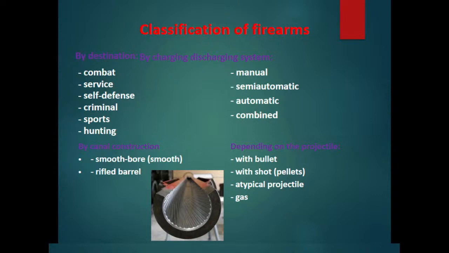For every shot, you must pull the trigger. An automatic weapon is a weapon where one pull of the trigger launches a series of shots, and every next round is charged automatically using the energy of the previous shot.